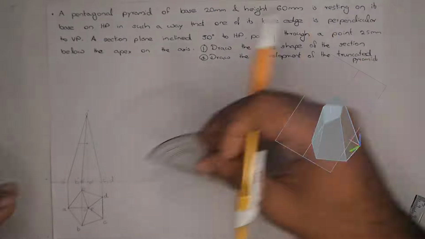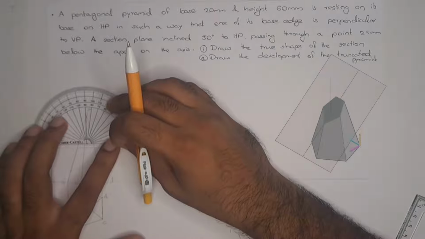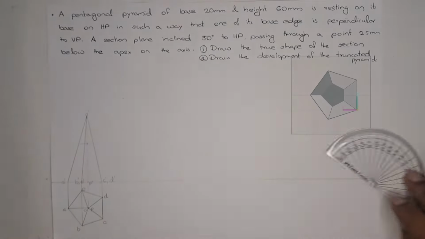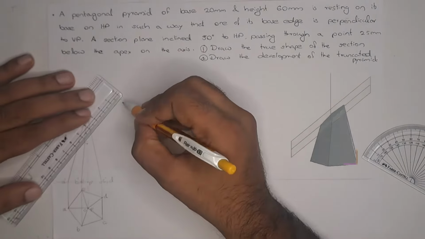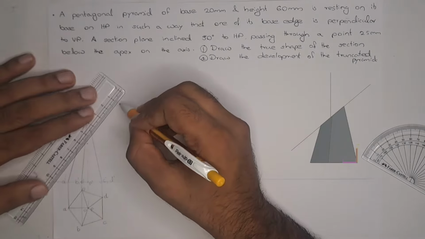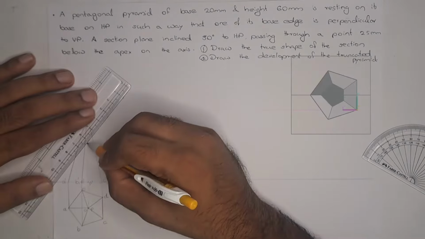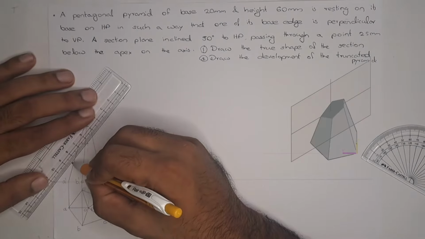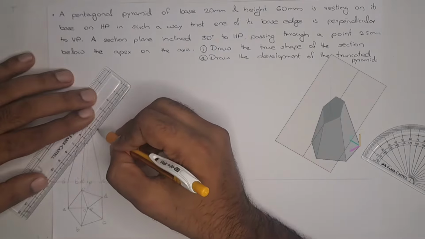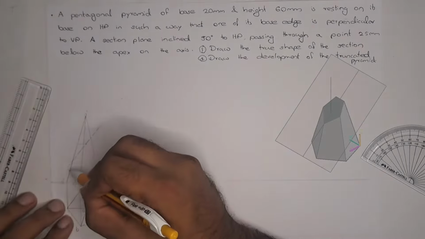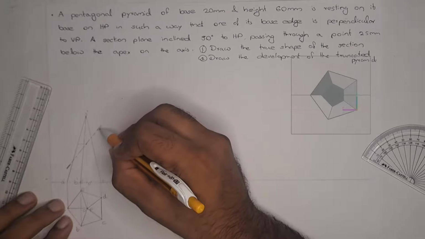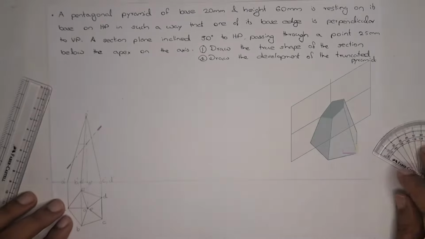Now we can mark the 50 degrees. So we mark the section plane.